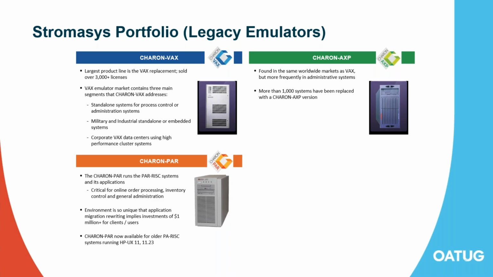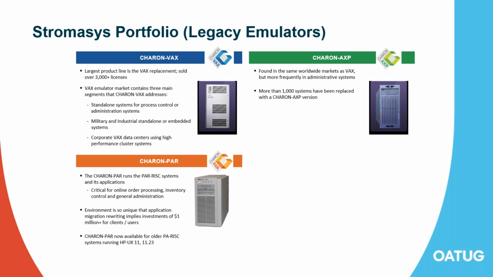Now we're talking about Charon-PAR, and we started off with what we would call the HP 3000 MPE operating system emulator. These are the HP PA-RISC systems, and the 3000s did a lot for inventory processing.